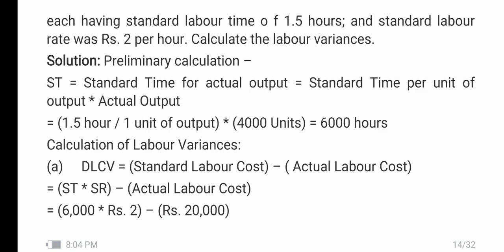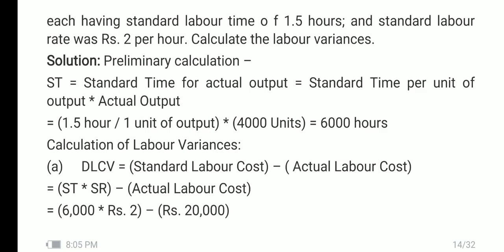Now, here is the preliminary calculation. As already said, standard time, that is 1.5 hours, is the time specified to produce 1 unit of output. Here ST, standard time, means we have to compute standard time for actual output, that is equal to standard time per unit of output into actual output.